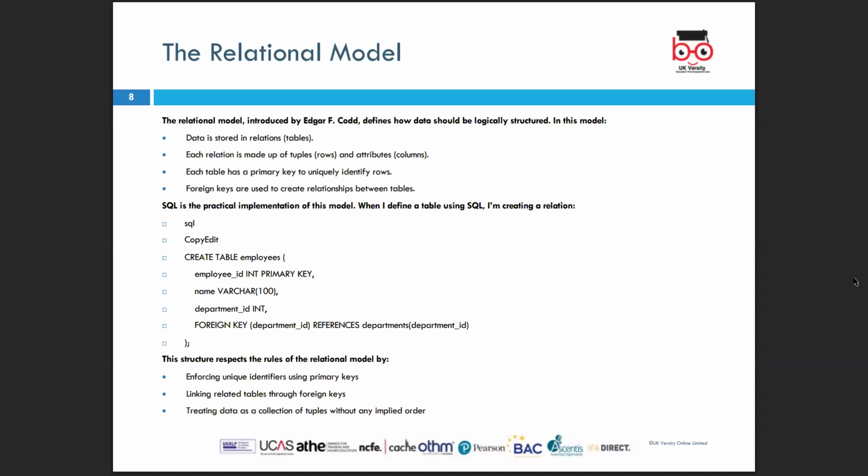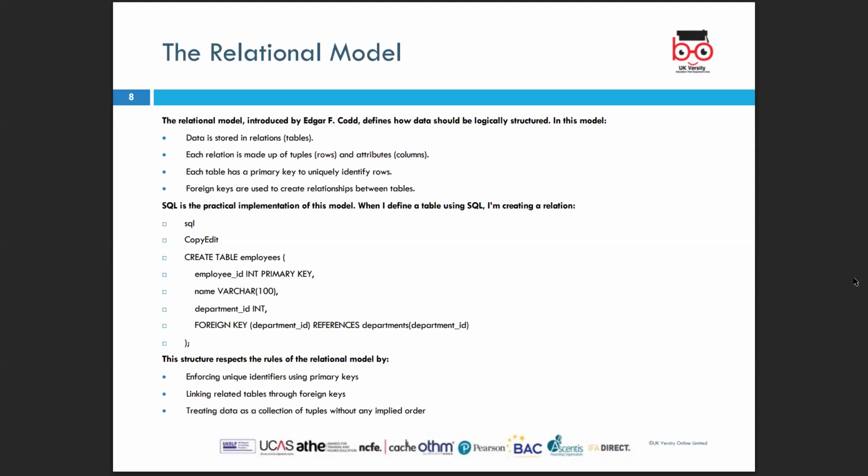So when it comes to the relational model, we're now introducing it, which was introduced by Edgar F. Codd, and which defines how data should be logically stored. So we know that data is structured in relations. Each relation is made up of rows and attributes, rows and columns.